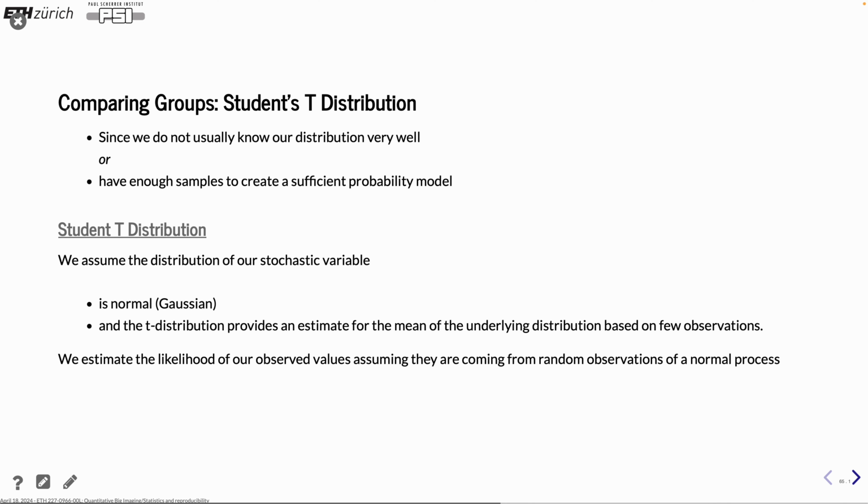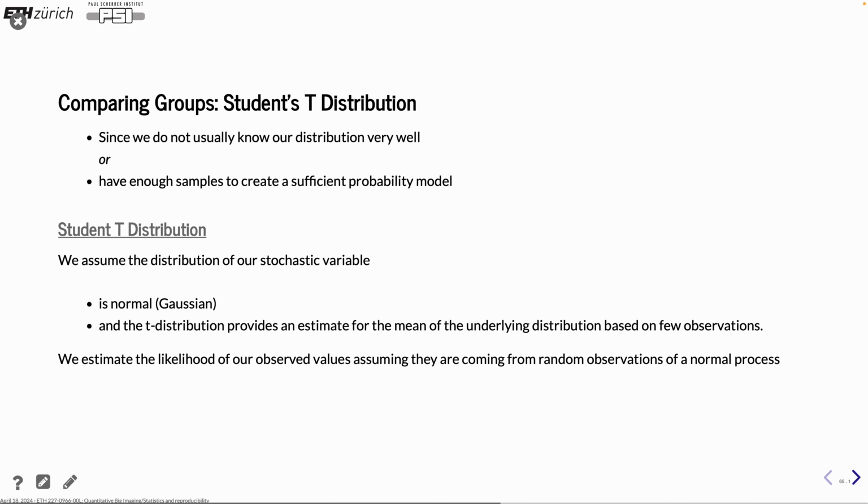So for that, we need to take some tricks. And for comparing groups, we use the student's t-distribution. Since we usually don't know our distribution very well, we can assume it is Gaussian, but the Gaussian needs more information or more samples, and we usually don't have sufficiently many samples.